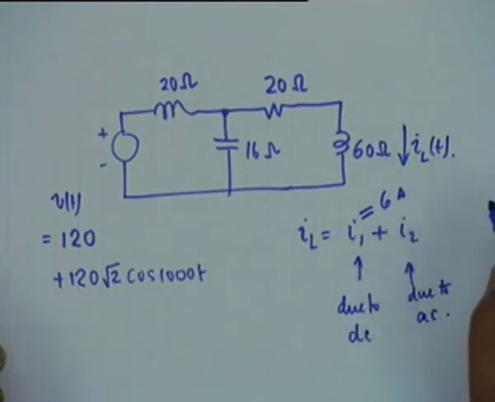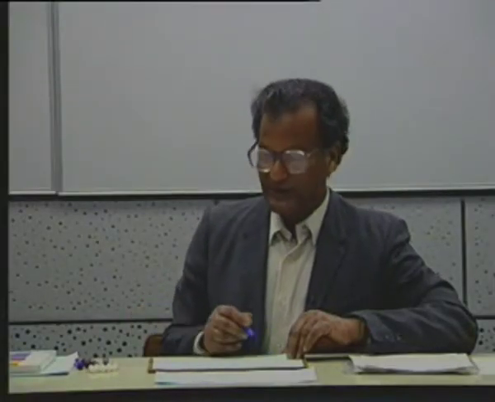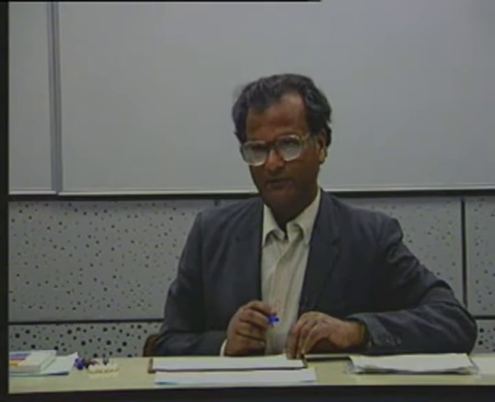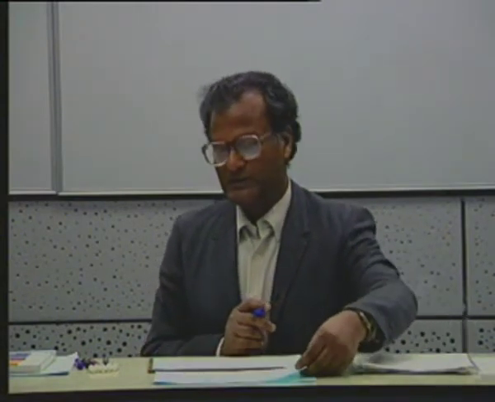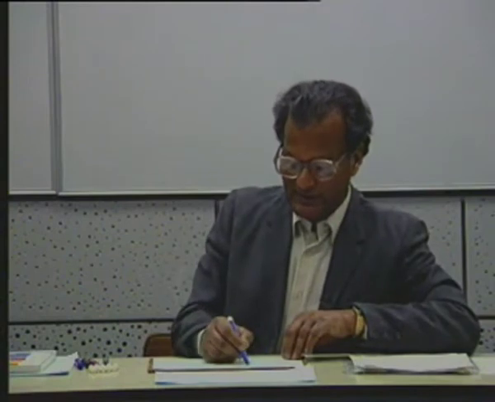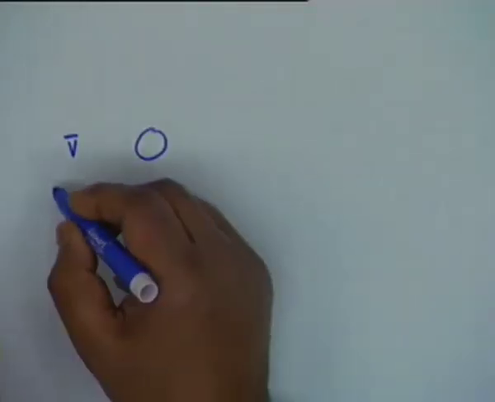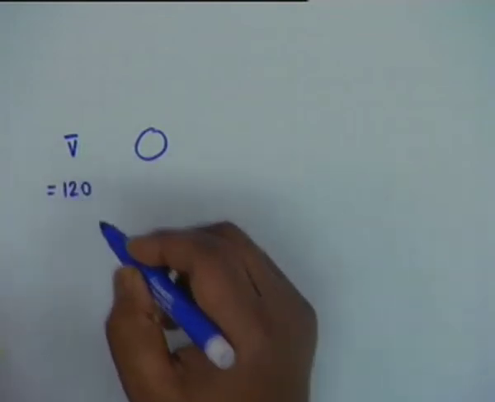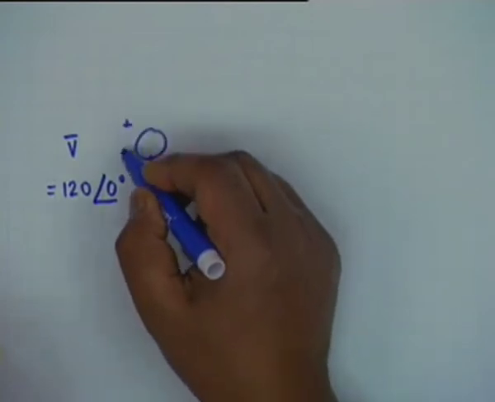To find out i2 now, you forget about the DC part, and because it is a pure AC, you can apply the phasor relationships. If I draw the phasor equivalent circuit, what I shall have is a voltage phasor which is 120, the RMS value, angle 0 degrees.